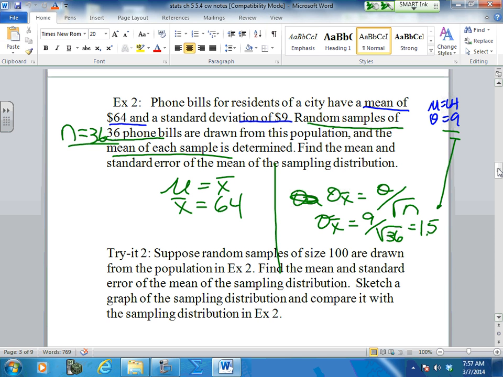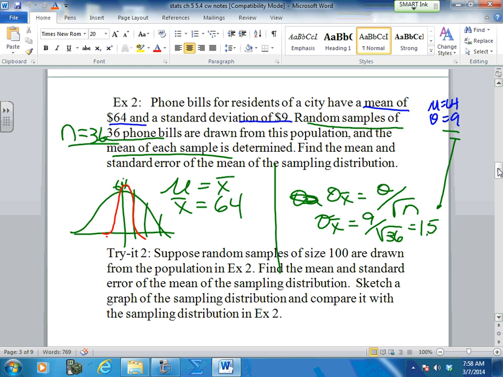It just pulled it in tighter. Here was your 64 before, and it went out 9, all the way out. Now, my curve is going to be centered around 64, but it's going to be narrower, a little tighter in here. So look where all my percents are. All my percents are a little closer together.